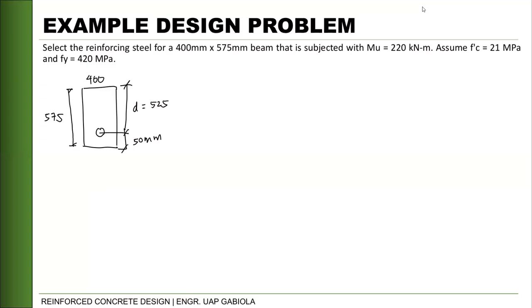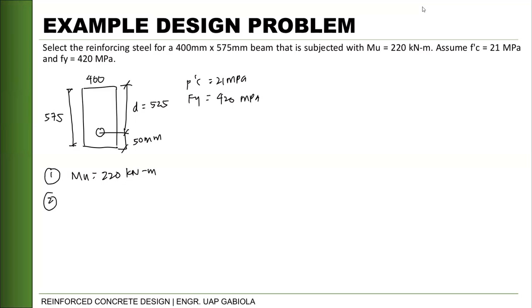So we have f prime c equal to 21 megapascal, and fy equal to 420 megapascal. For our first step, we need to calculate our factored moment. Fortunately, in this problem, Mu is already given, so we have our first step done.